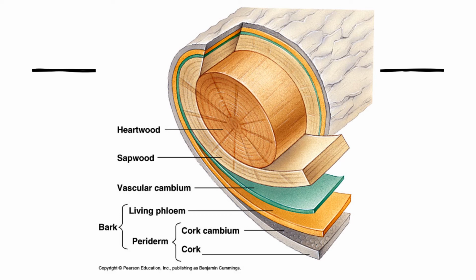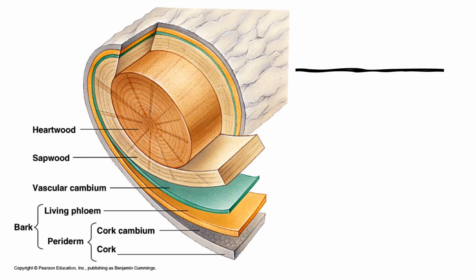Nearly all of the trunk consists of secondary xylem, or wood. This cross-section reveals that the heartwood, or innermost wood, is darker than the sapwood, or the outer portion. This color difference arises as the tree ages. The lighter-colored sapwood, located nearest the vascular cambium, transports water and dissolved minerals.